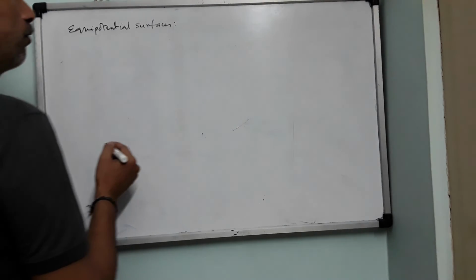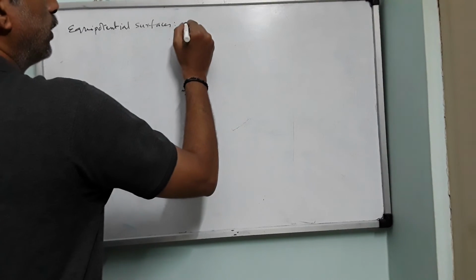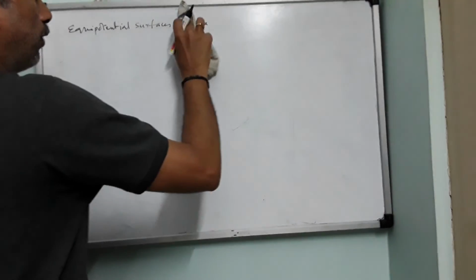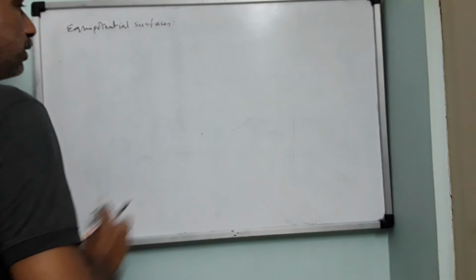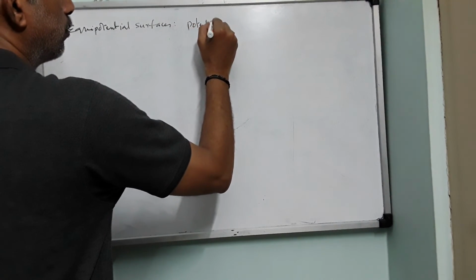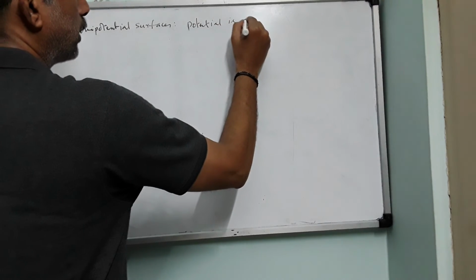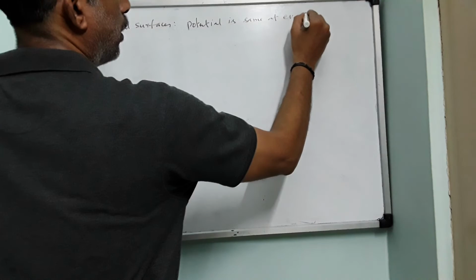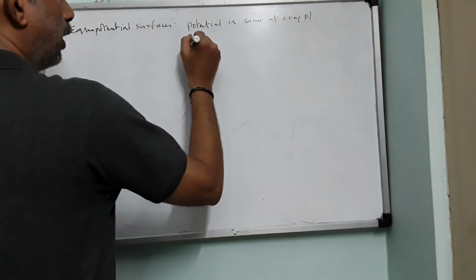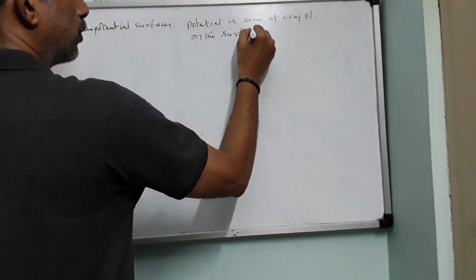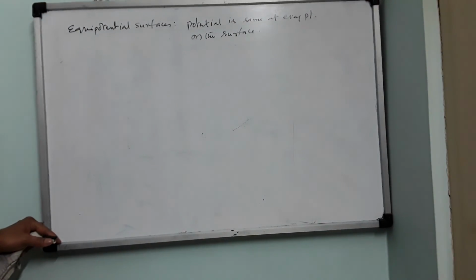So how do you define an equipotential surface? Equipotential surface means potential is the same at every point on the surface.